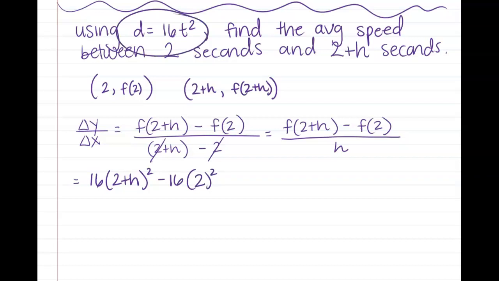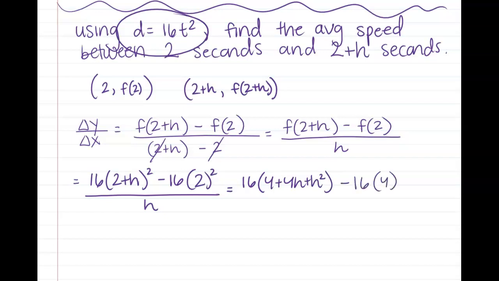We're plugging in 2 plus h and then 2, divided by h. 16 times, well, 2 plus h squared is 4 plus 4h plus h squared. If you need to do that, kind of multiply that out over on the side, that's fine. Minus 16 times 4, all divided by h.